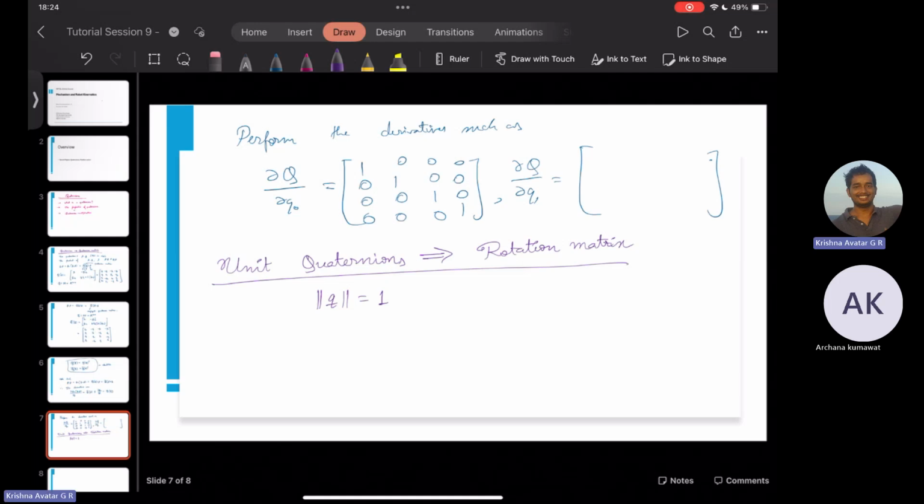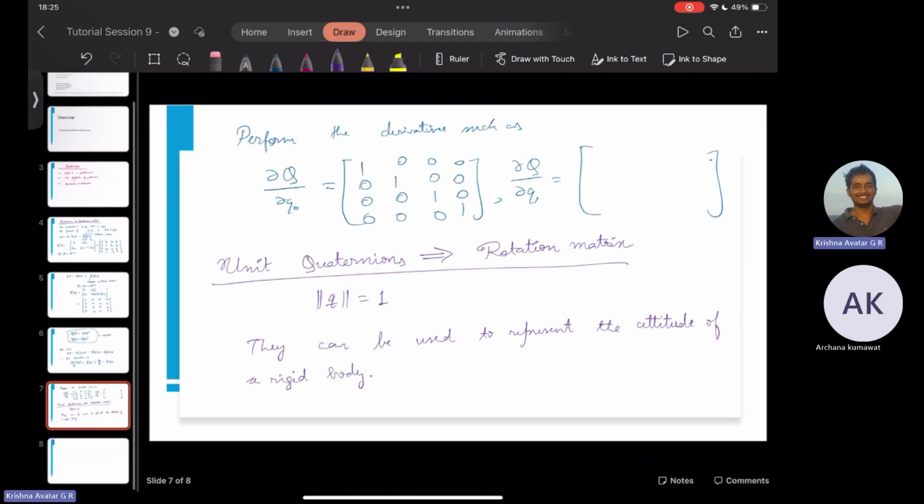And mind you that they can be used to represent the attitude of a rigid body.